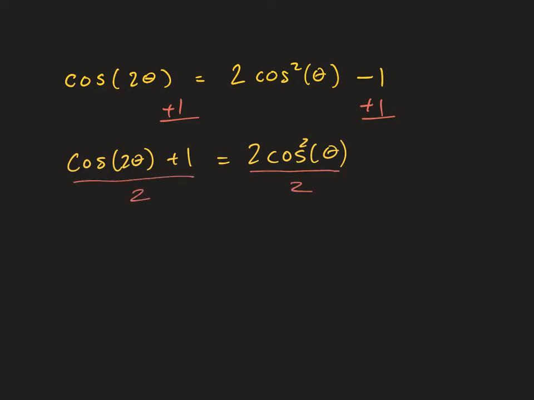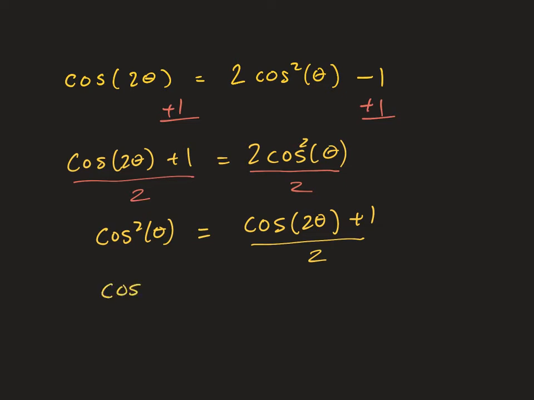And the other thing I'm going to do is switch this equation around so that I end up with cosine squared theta equals cosine 2 theta plus 1 over 2. And now to solve for cosine of theta, I simply take the square root of both sides.